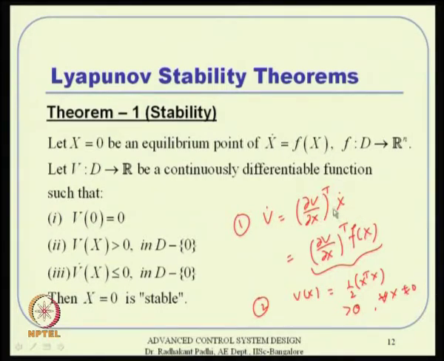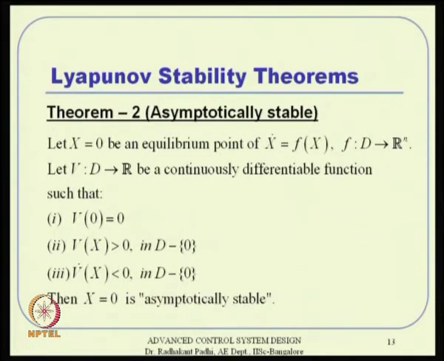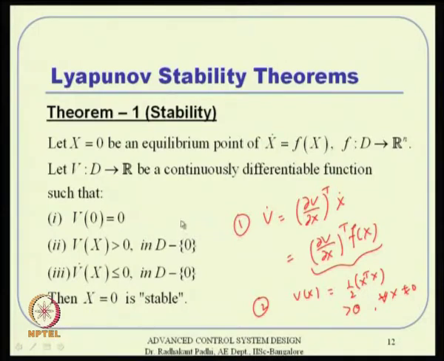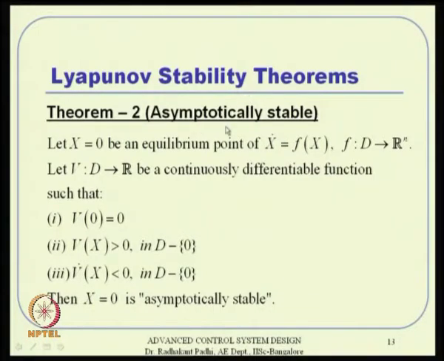V dot is something that we need to analyze here ultimately, and all these conditions that we discussed are sufficiency conditions actually. If you want to tighten the condition from stability to asymptotic stability, then V dot has to be negative definite; negative semi-definite is not good enough.